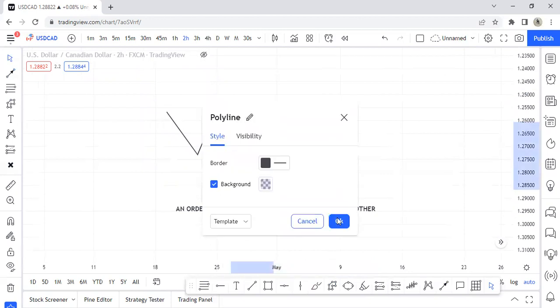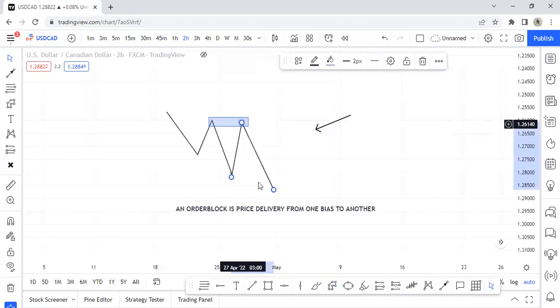So price now, maybe it was here, and I can see that price was kind of trending downwards, and then after this bullish momentum came to an end there was a price delivery to the downside. What I'm saying is that price stopped delivering to the upside, it started delivering to the downside. So this price delivery from the upside to the downside is what we call an order block.